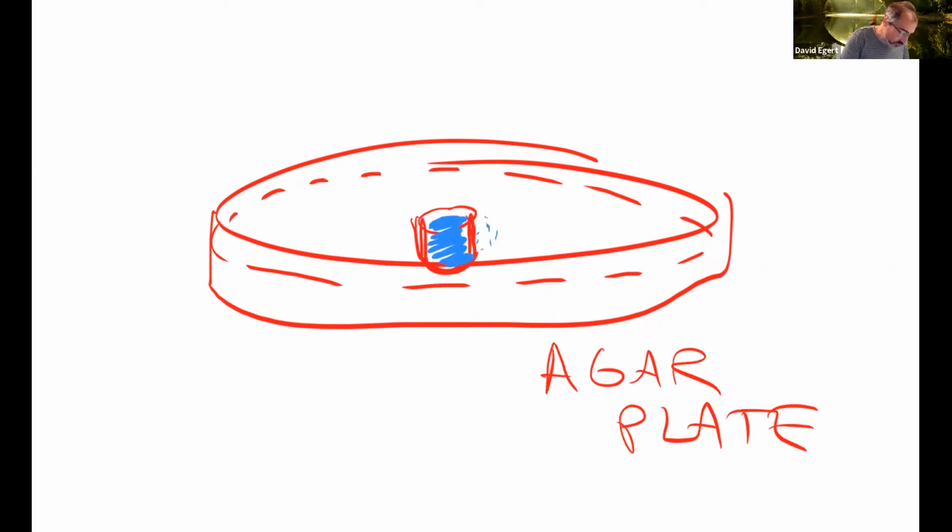And then watch over time to see how far it diffuses out into the agar. So this distance here, how far has it gone after a half hour, after an hour? So this is going to be our way to measure the rate of diffusion of this methylene blue solution or potassium permanganate solution, is just to see how far it goes.